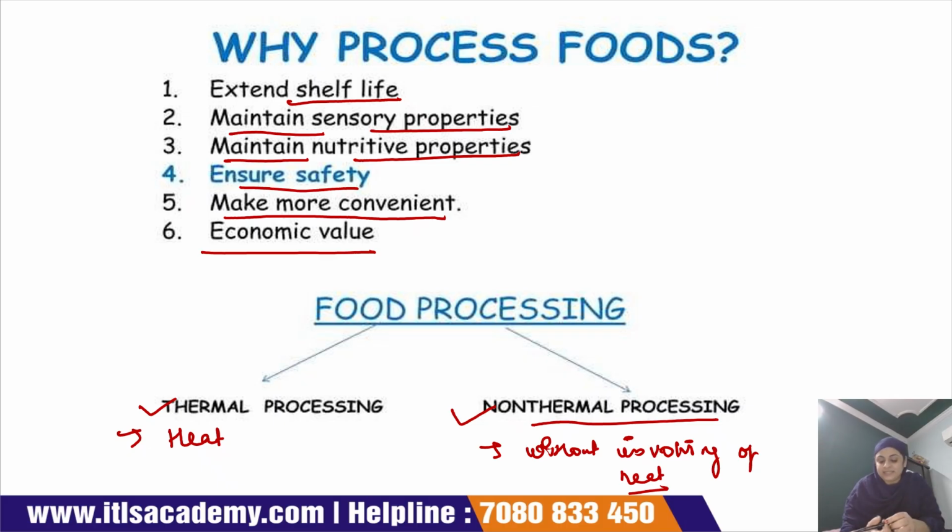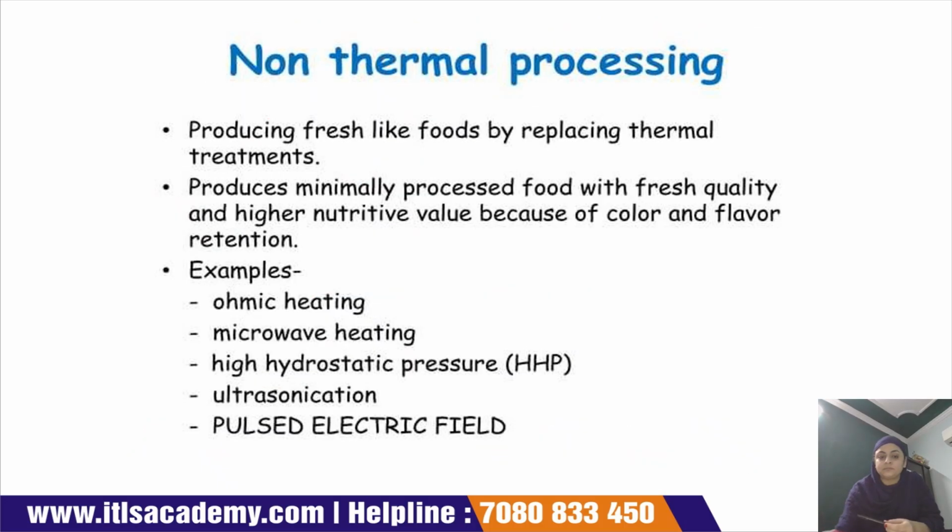Now come to the next slide. Non-thermal processing. We all know that in non-thermal processing, we do not apply heat, and it is used for products which are heat sensitive, like fresh foods, replacing thermal treatments.